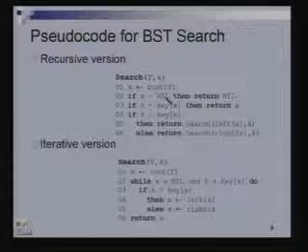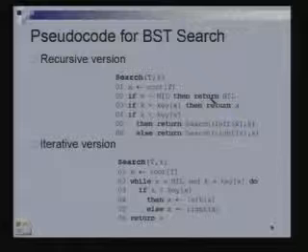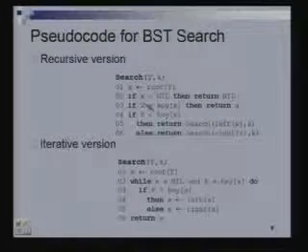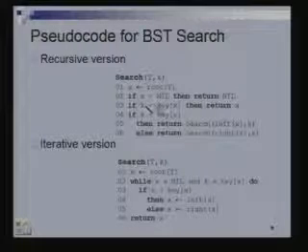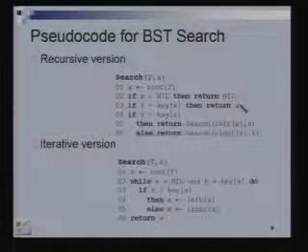If x equals nil, which means it is an empty tree, then you are essentially saying that nothing is there. If the key in this root node x is equal to the one you are searching for, then you just return this root node.